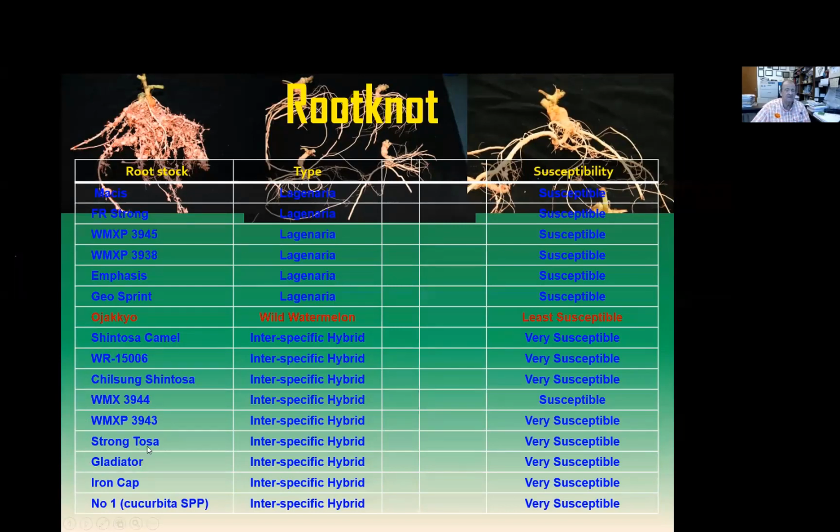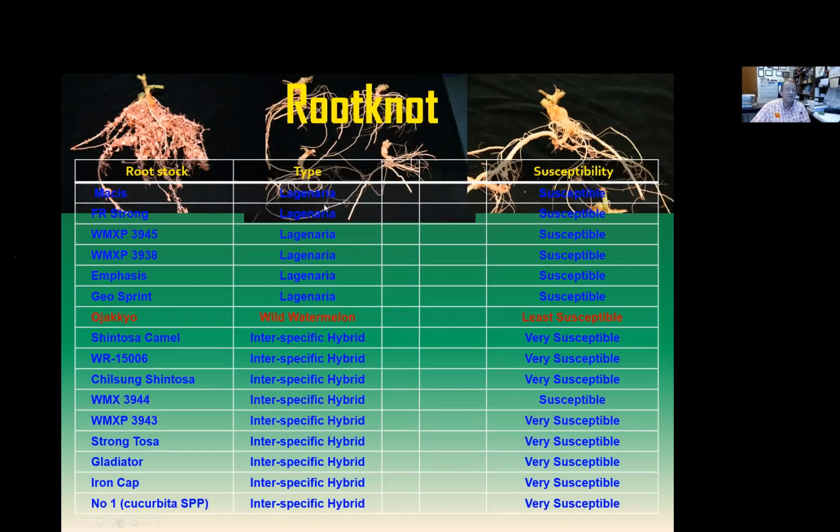Mainly all of these came out of Korea and Japan. They're all Shintosa related. They're all interspecific hybrid squash. They're a cross between a butternut type squash and an acorn type squash. They're very, very resistant to fusarium, but the resistance is such that these interspecific hybrids just do not get the disease. So it's not a question of resistance, it's just that they don't get it.